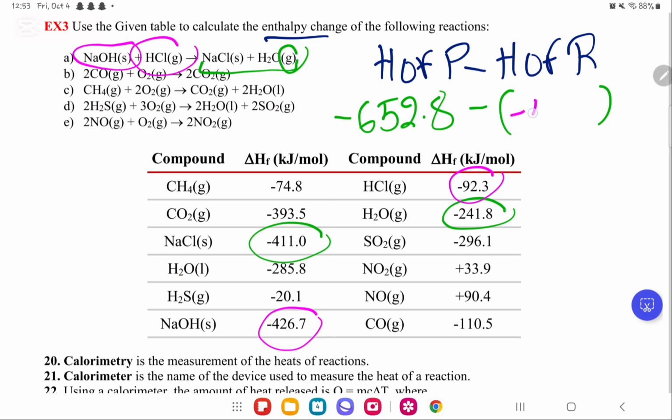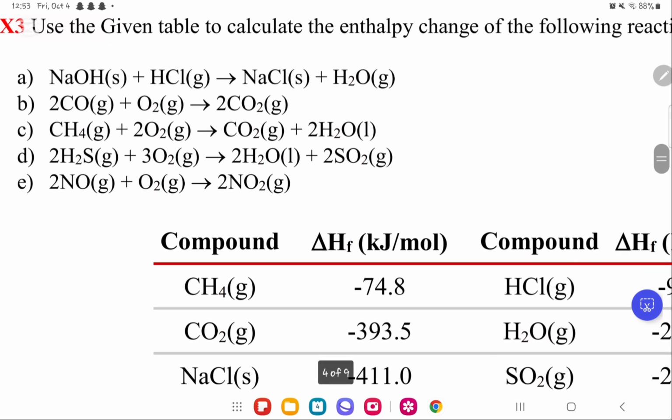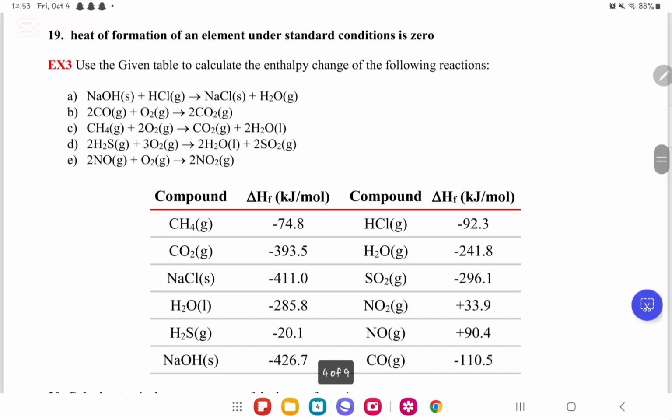So we're gonna get negative 519. So minus 652.8 minus 519 is equal to negative 133.8. So the answer for the first one was negative 133.8.